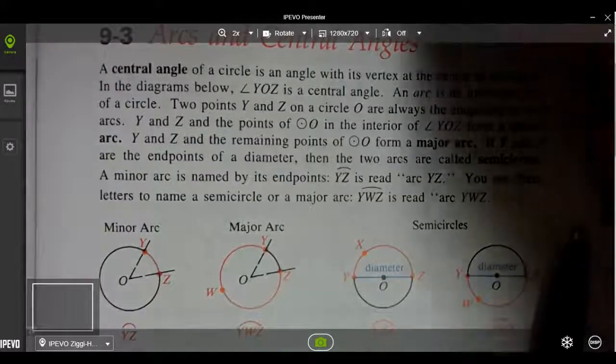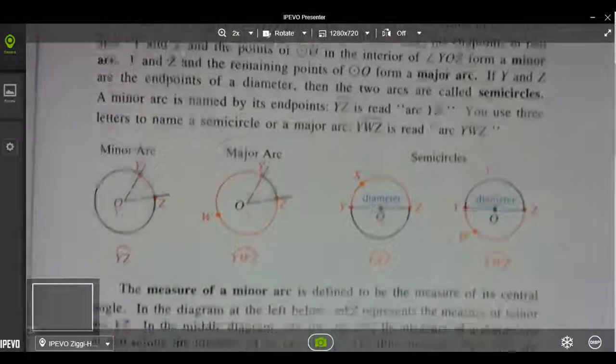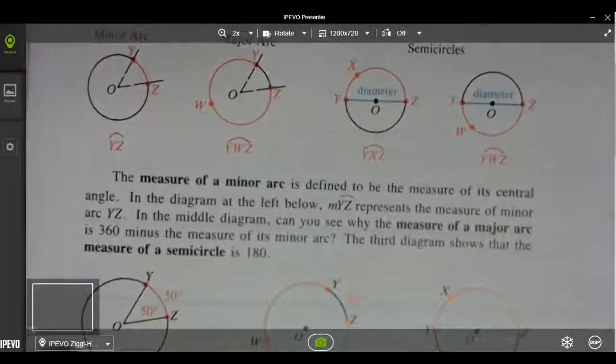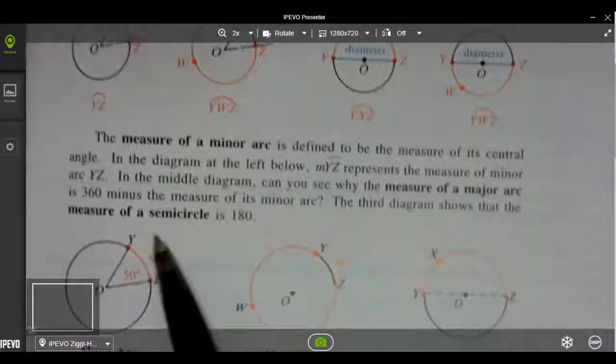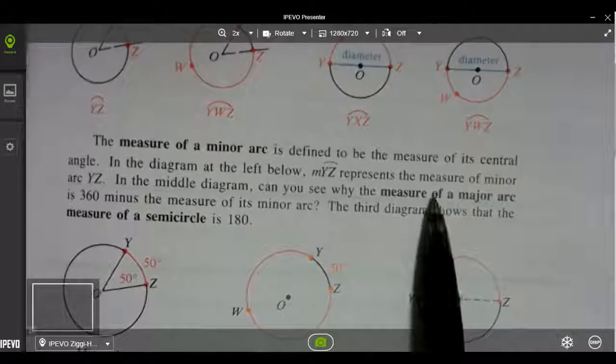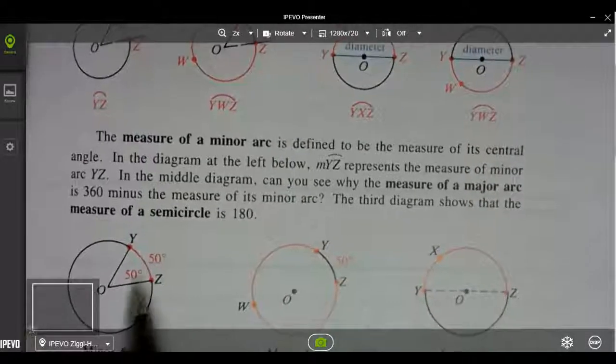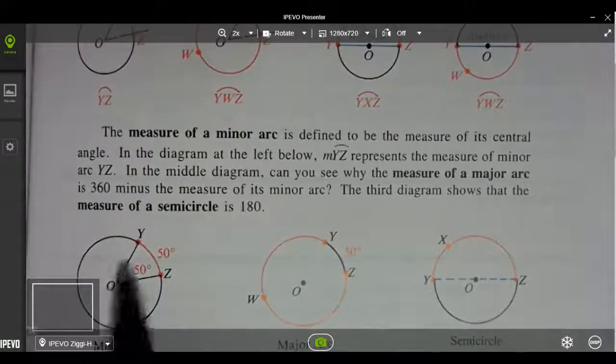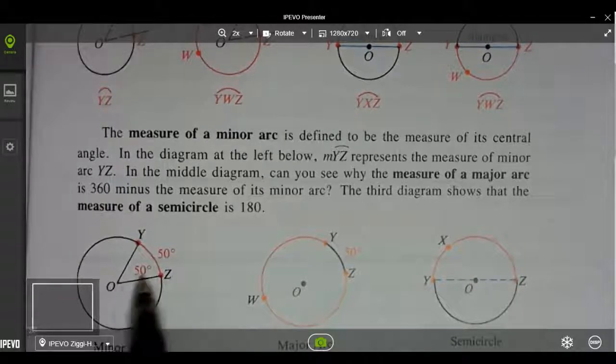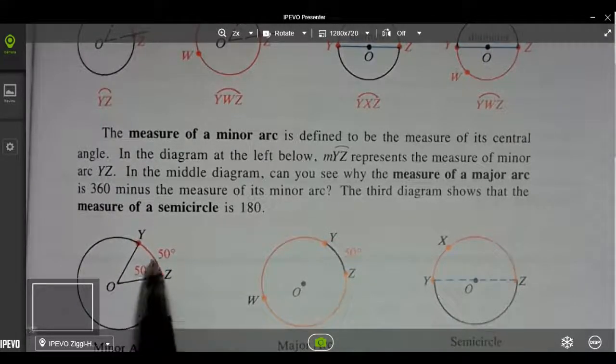Here, the measure of the minor arc is defined by the central angle. Whatever the central angle is, here YOZ is 50 degrees. So the measure of the arc is 50 degrees as well.